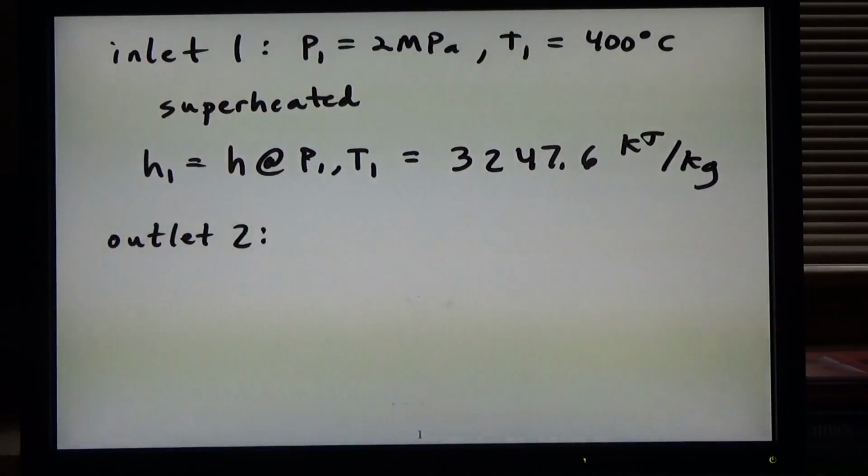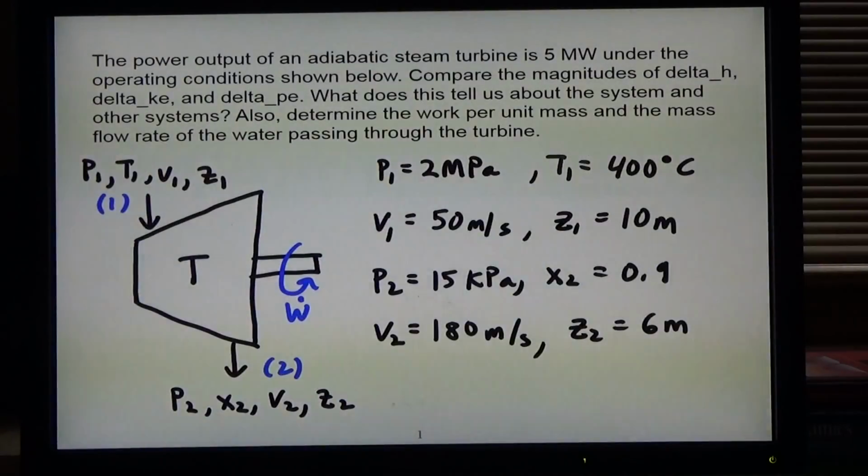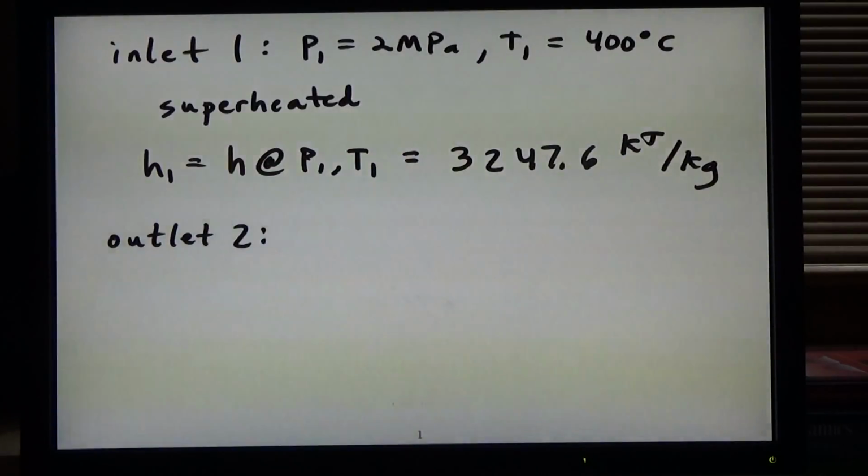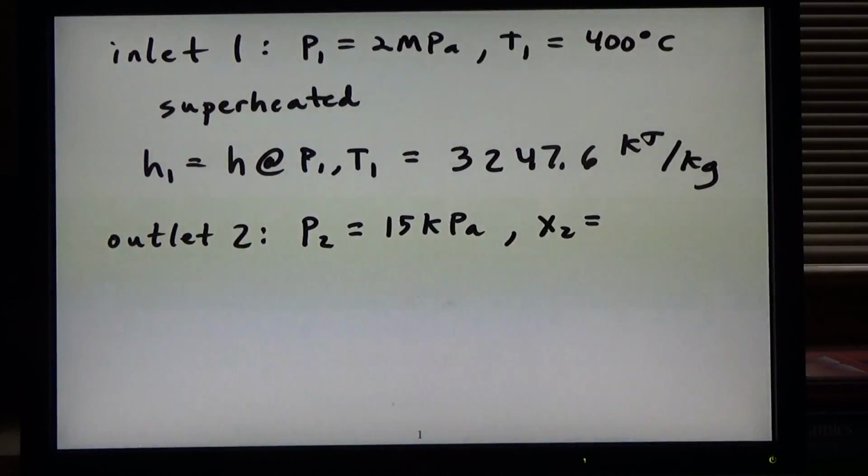For the outlet, the intensive properties we know are pressure, and we also know the quality at the exit. Our pressure at the exit, P2, is just 15 kilopascal, and the quality at that exit is 0.9. So we already know the phase at the exit is a saturated mixture.